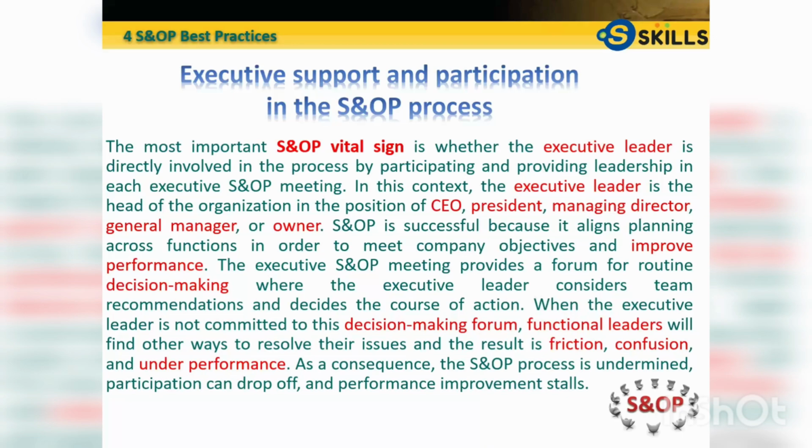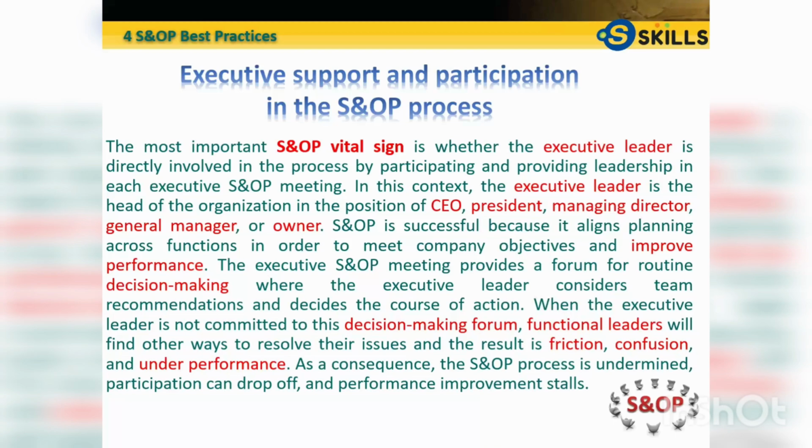S&OP is successful because it aligns planning across functions in order to meet company objectives and improve performance. The executive S&OP meeting provides a forum for routine decision making where the executive leader considers team recommendations and decides the course of action.